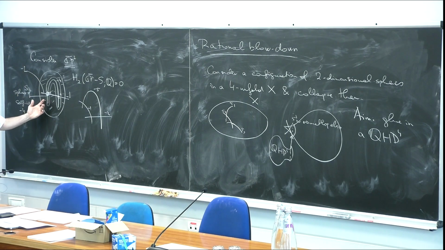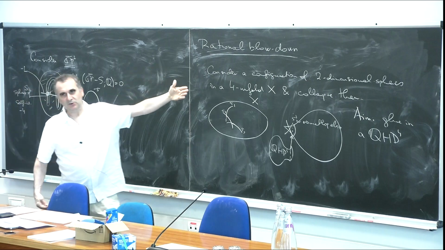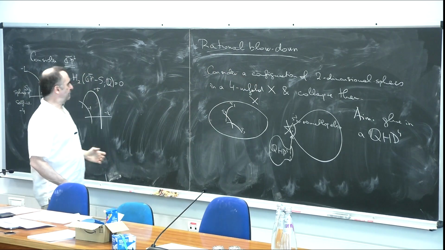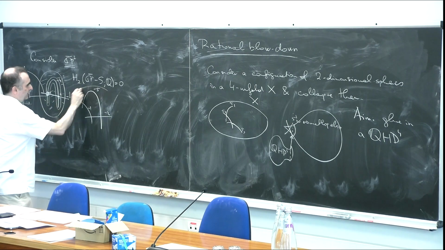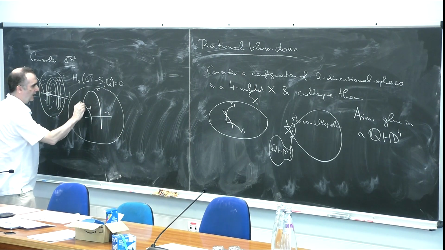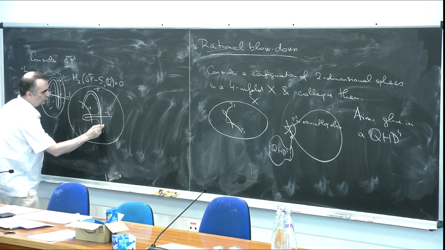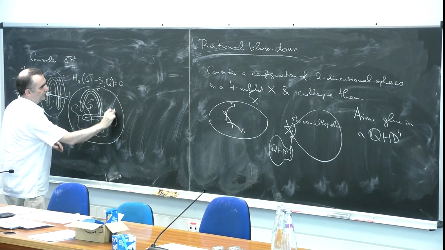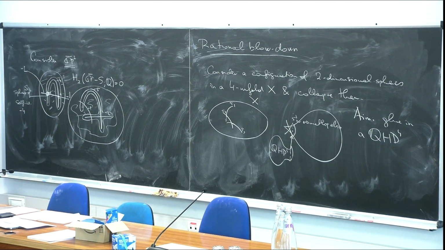Now, when we blow up, as I tried to convince you, we just take a connected sum with CP2 bar. So now the second homology of this whole four-manifold is Z plus Z. And now I take out the tubular neighborhood of 2 surfaces. So what's left, again, will have second homology measured with rational coefficients to be 0. And I just keep repeating this game, and I get a complicated family.